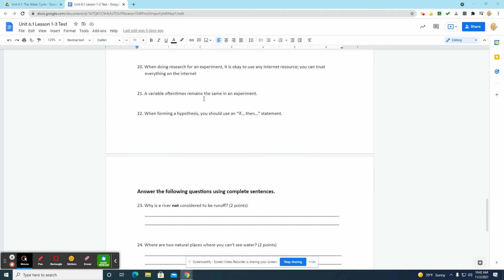True or false? 22. When forming a hypothesis, you should use an if-then statement. So true or false? When forming a hypothesis, you should use an if-then statement.